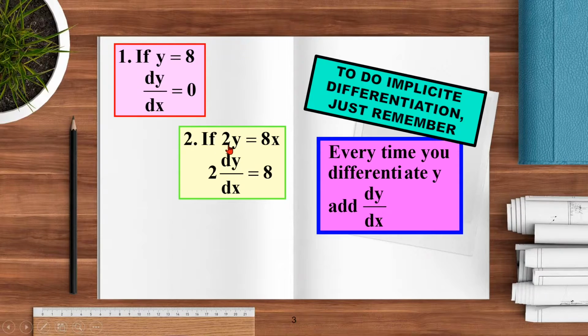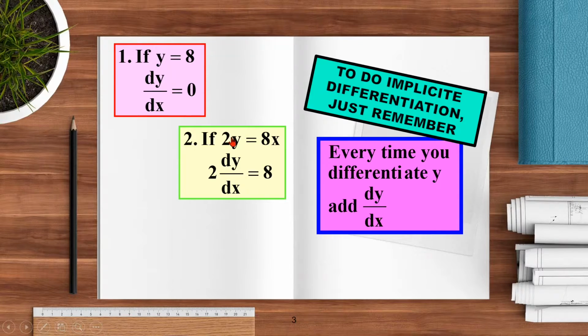Now, when you look at this, you can tell me, teacher, I can actually bring these two and divide, so I will have 4x and differentiate y equals 4x. But I just want to use the example to show you how this works. So just look at this. 2y equals 8x. When I differentiate 8x, I will get a number, 8.